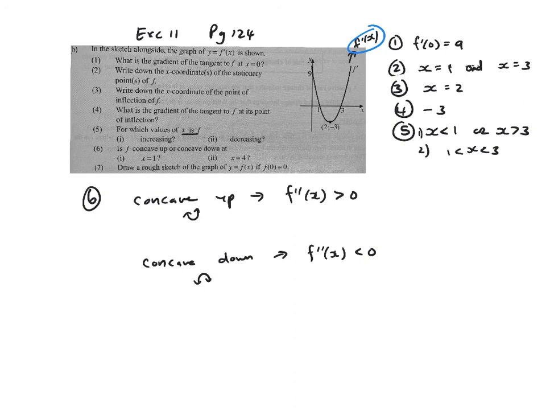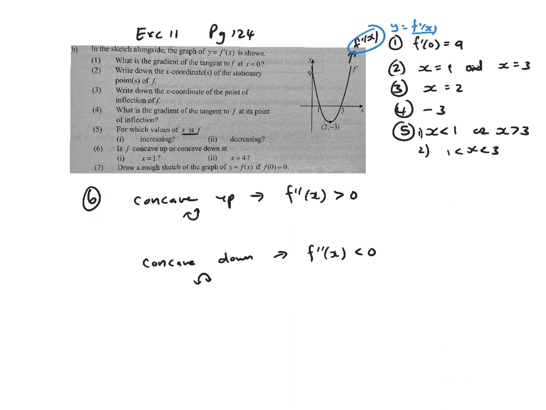But let's look at this. This is now the graph of f prime x, right? So y is equal to f prime x, and what would that mean? f prime x in this context would mean the slope, right? So you need to find the derivative of this graph for it to be the second derivative, because this graph here is a derivative graph.